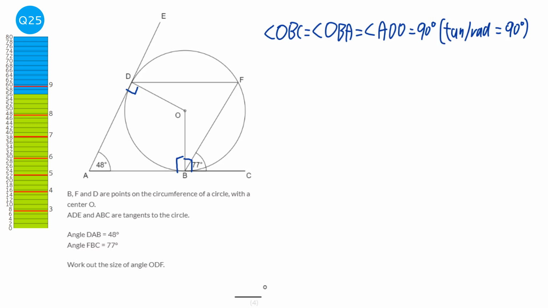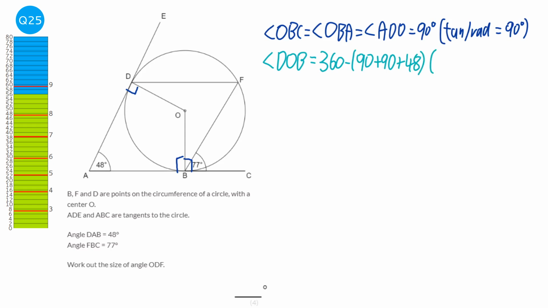Okay, so the first thing I'm realising is that there's a nice little quadrilateral here. And whenever we've got a quadrilateral and we've got three of the sides, we can work out the last one. So angle DOB is going to be 360, take away the angles that we know, so 90 plus 90 plus 48.